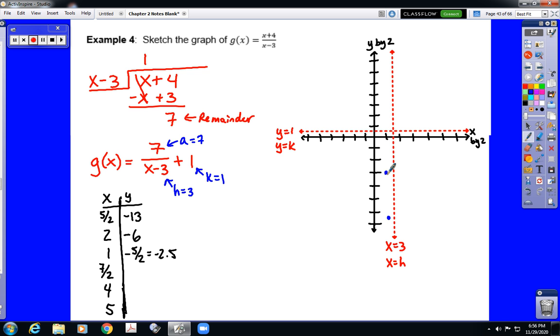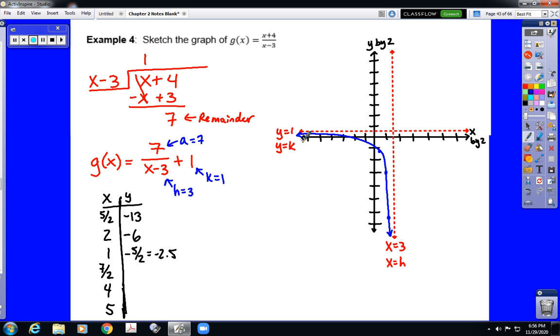And then 1, negative 2.5 would be about right here. So again, you can see that same sort of shape evolving here. We're going to come in, we're going to cross through, and we're going to exit along the axis.